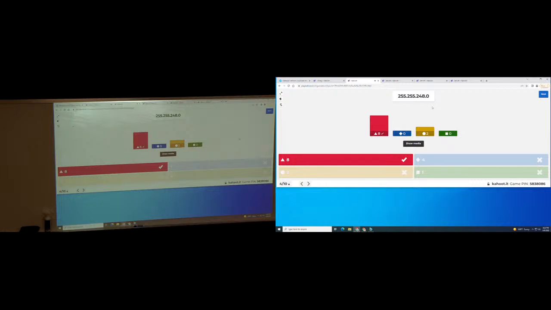So 248, we know the simple plan, 1, 1, 1, 1, and then the 8. So we've got a positional value of 8.